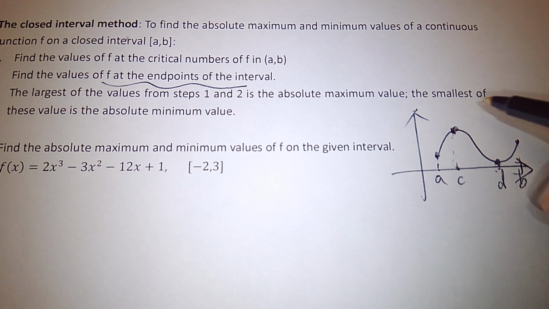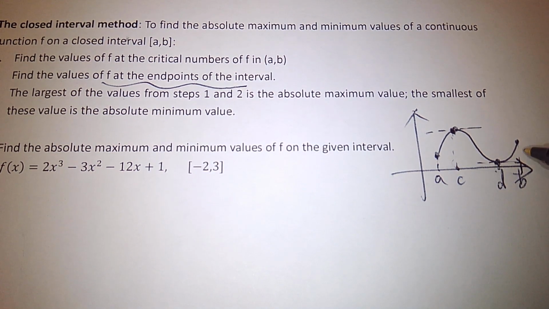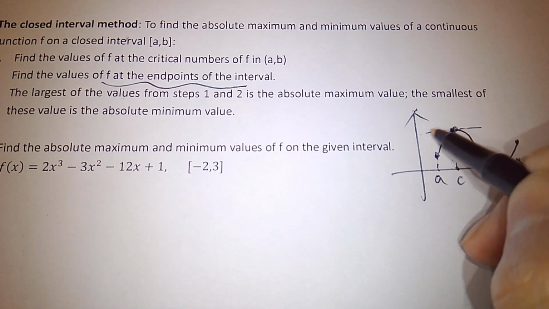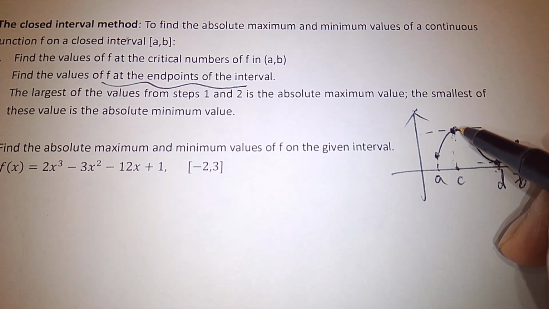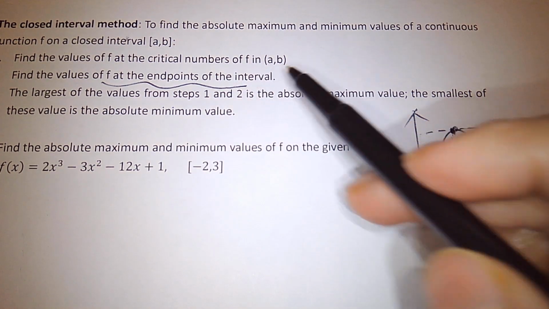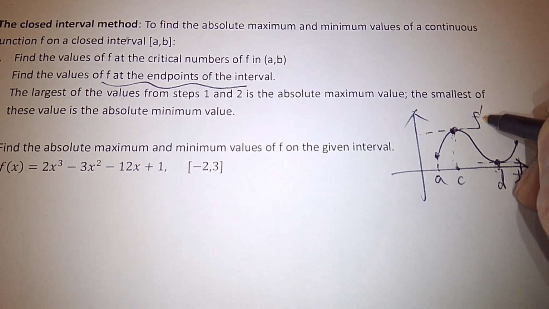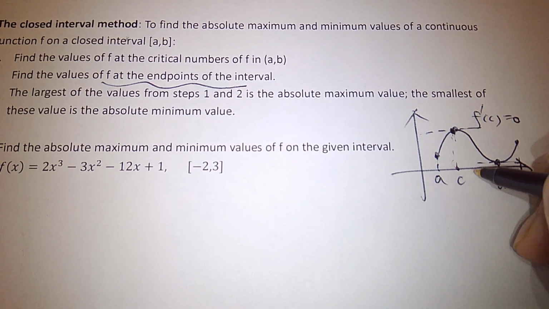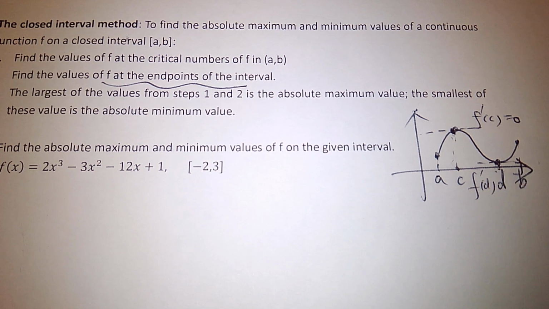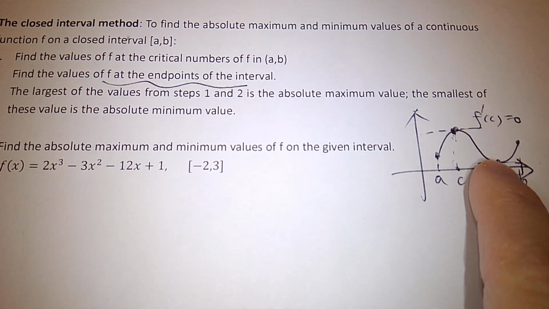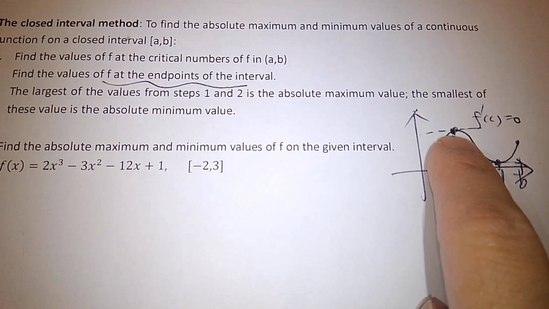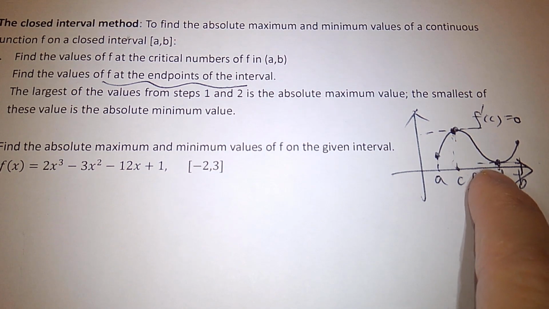Critical numbers mean what? In the middle of the interval, f prime gives us the derivative equal to 0. So a local maximum or local minimum may also be the absolute maximum or absolute minimum.